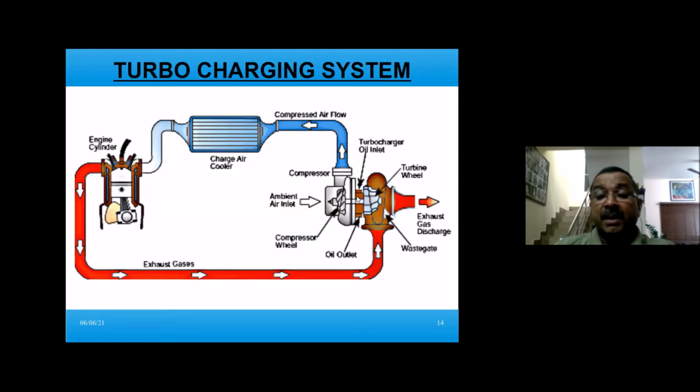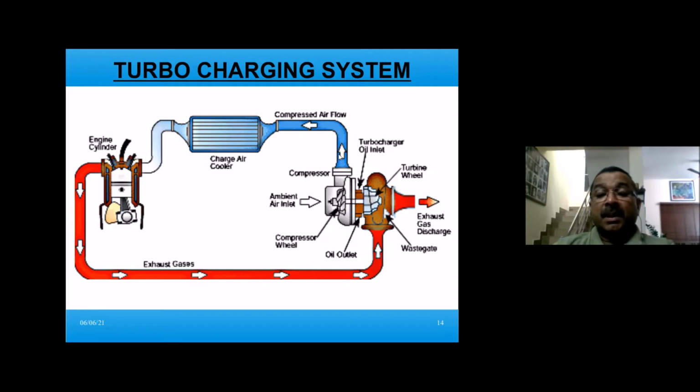Rotating this wheel will do one thing: a compressor unit is here, so the ambient air which is sucked by the engine will get compressed and it will be given to our diesel engine. So in a sense, the overall efficiency of our engine will get improved a little bit by this turbocharging system. Okay, this is what we know as a turbocharger.